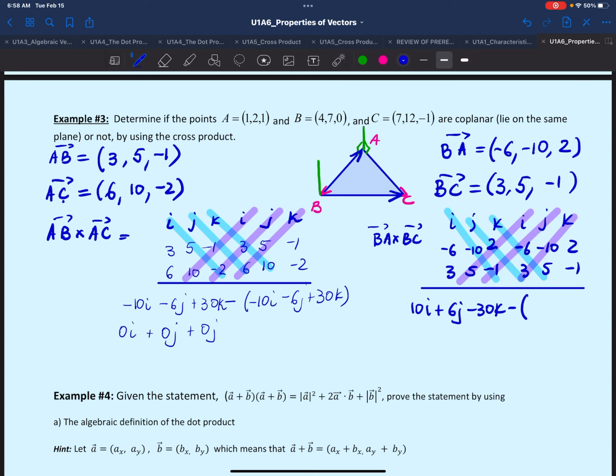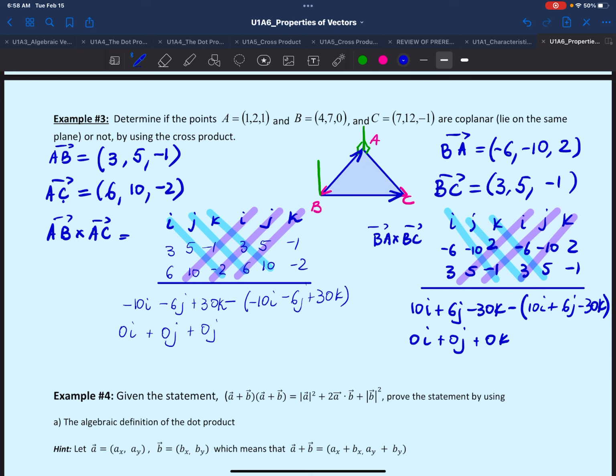So in this case, we have 5 times 2, 10i, plus 6j, minus 30k. So 10i minus 10i, that's 0i. 6j minus 6j, 0j. Negative 30k minus negative 30k, that's 0k.